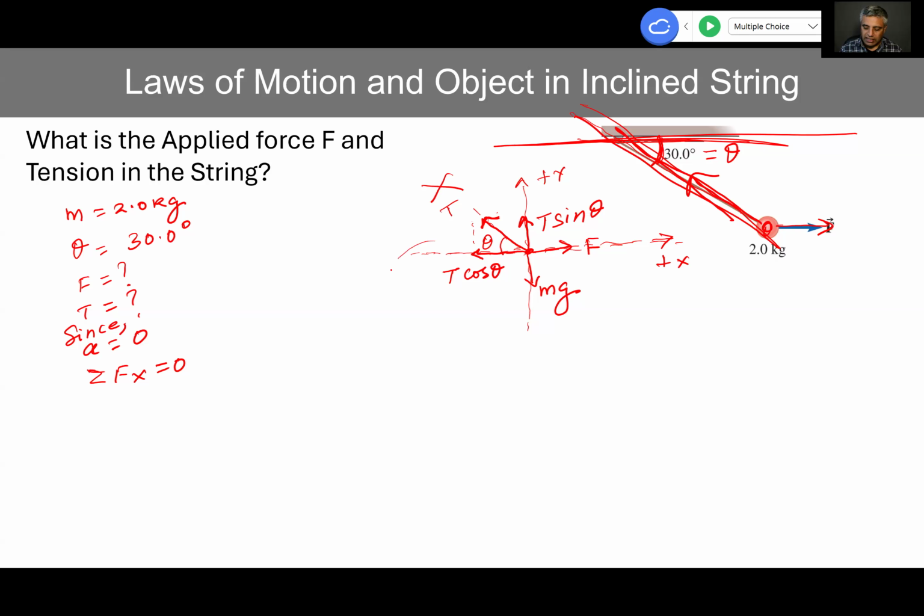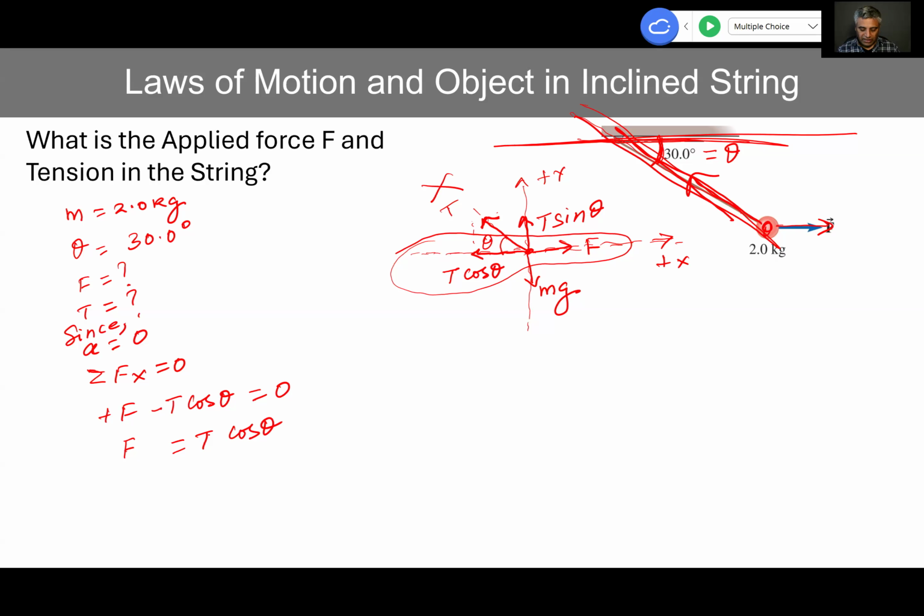How many forces are there in the x direction? Can you count? Looks like there are two forces. One is F, that's pointing towards the positive x direction. And T cosine theta, that is pointing opposite. Equals 0. So F is T cosine theta.